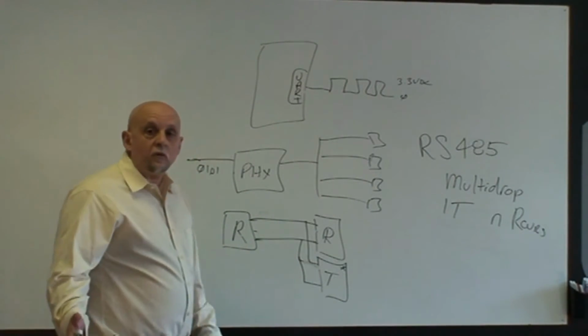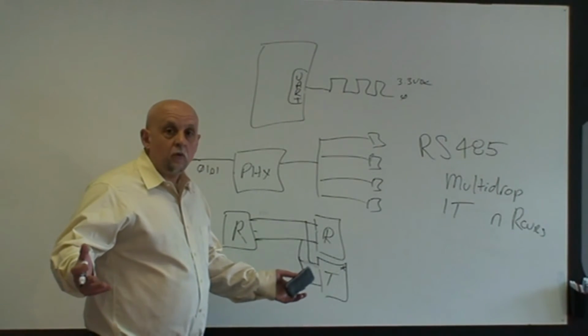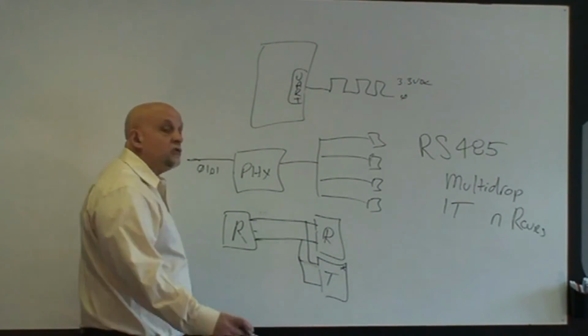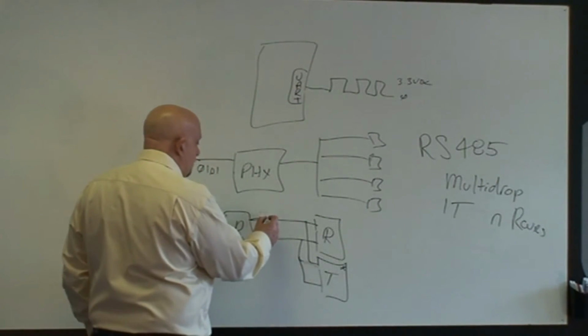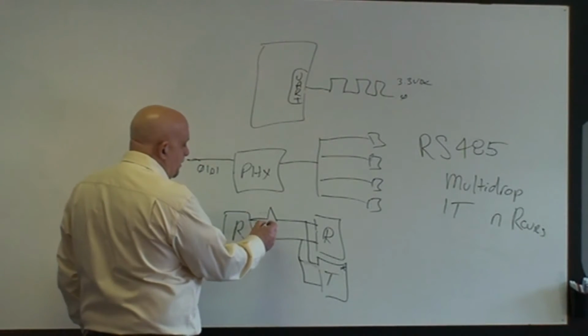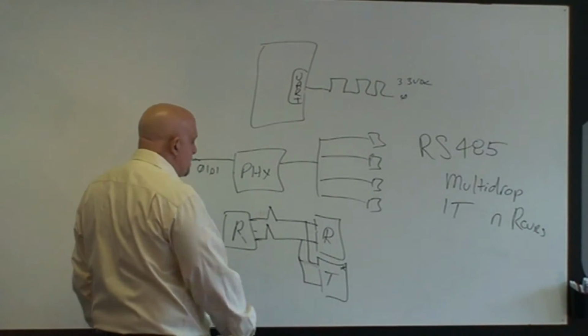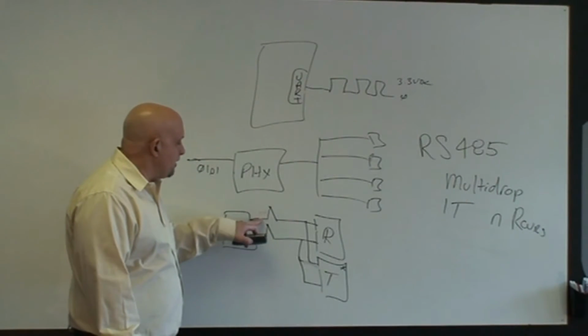Okay, but how does this work? We saw with RS232 that there was this bad problem with noise. Here's the interesting thing. We get noise on here, a spike. What happened? We still have the same voltage differential between both lines.